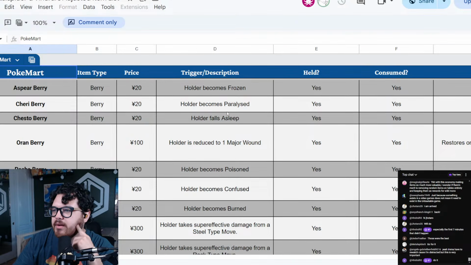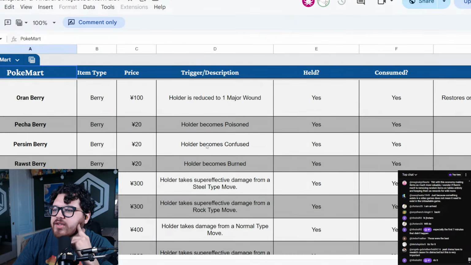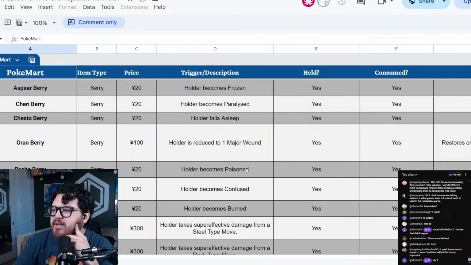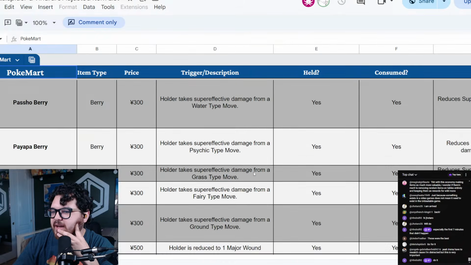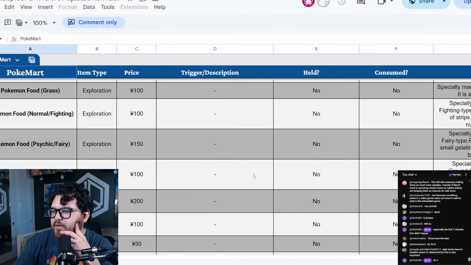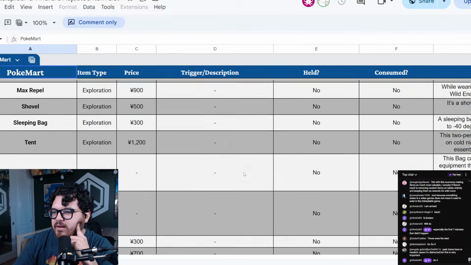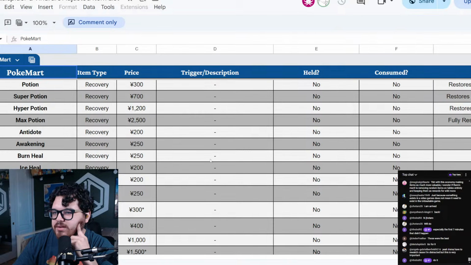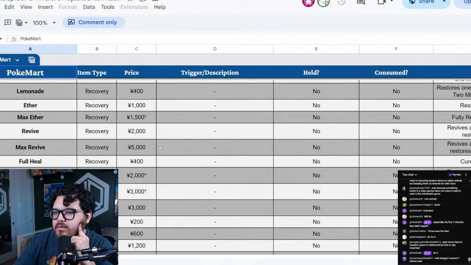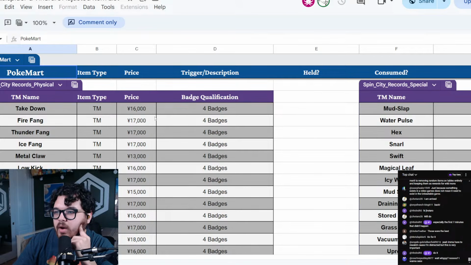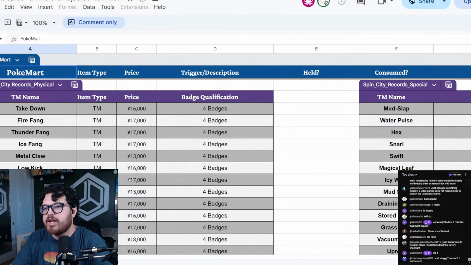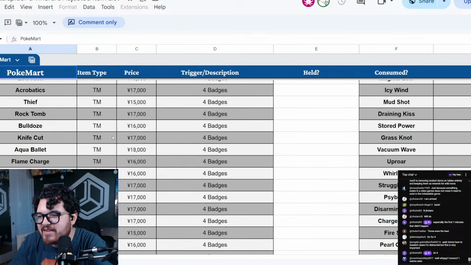Okay. Oh, so you guys also adjusted prices in Twisting Princess. Okay. Berries. Poke food. Okay. Potions. Hyper potion. So potions at 300. Okay. Lemonade. Premier Ball. Okay. Holy shit. Yeah, 17.